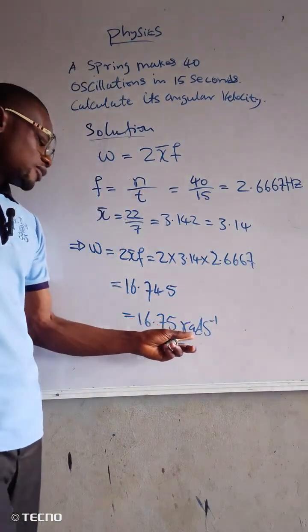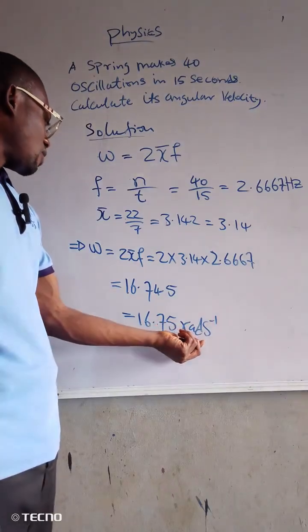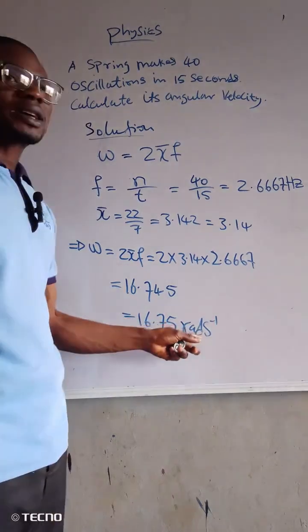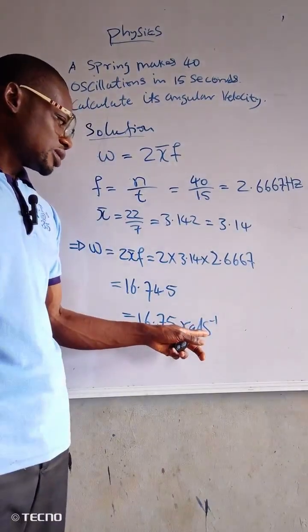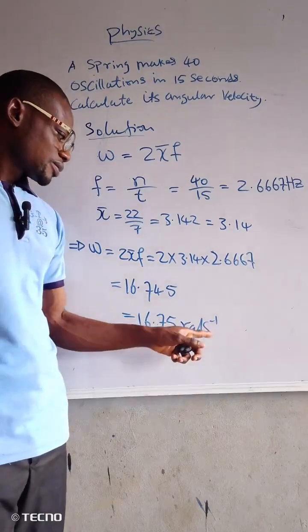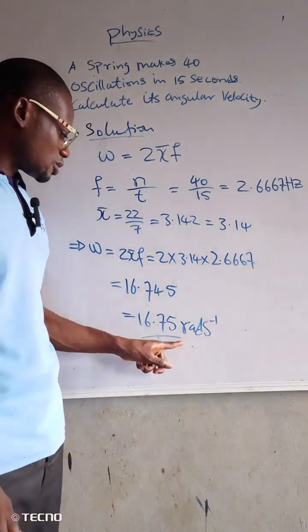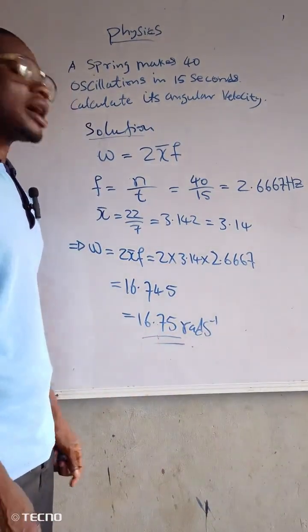That is why we have to put the unit. The unit for measuring angular velocity is rad per second, that is radians per second. So that is what we have as the final answer.